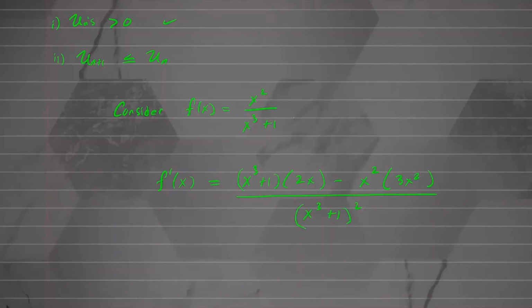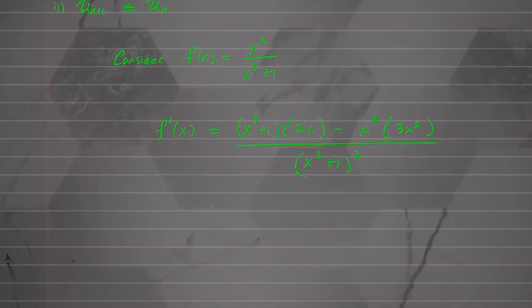Now let's simplify this and see when this is negative. On the numerator, we can simplify 2x times x cubed, that would be 2x to the 4th, plus 2x, minus 3x squared times x squared, that would be negative 3x to the 4th, all over x cubed plus 1 to the 2nd power.